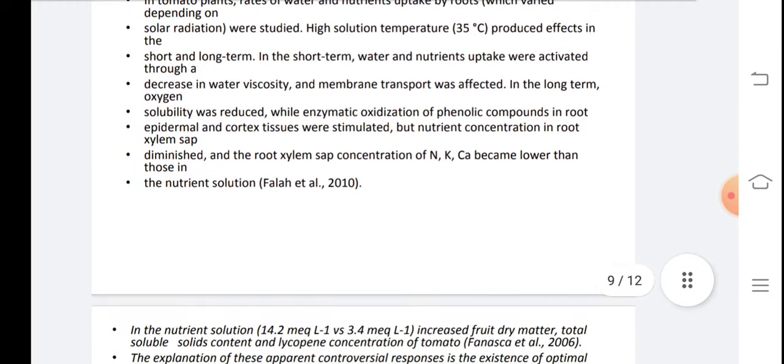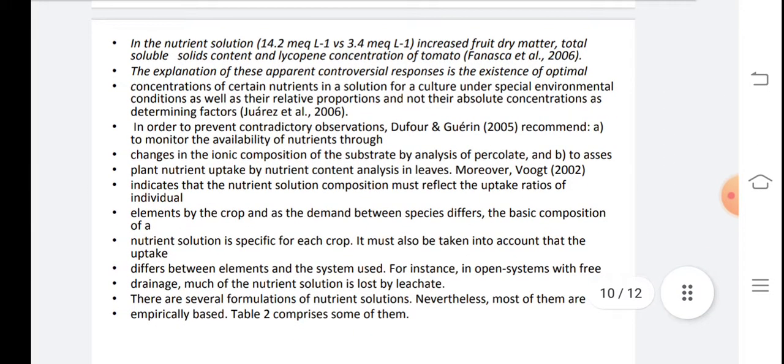So these are some parts of the nutrient medium. There are increased fruit dry matters. In particular, lycopene in the tomato is also studied by the scientists. So what is the effect later on in the fruits? In tomato it is studied.